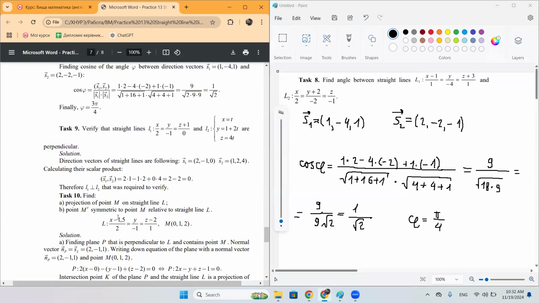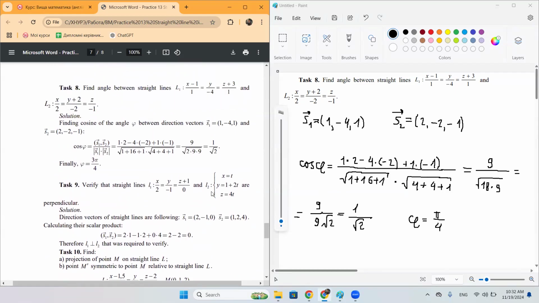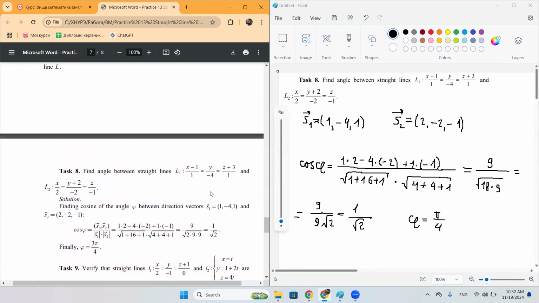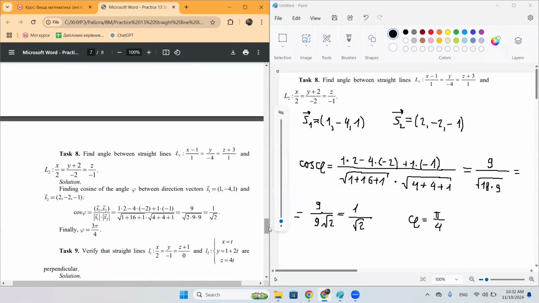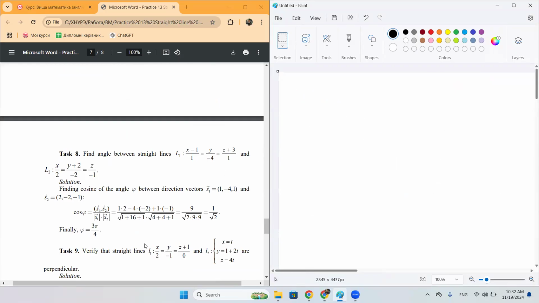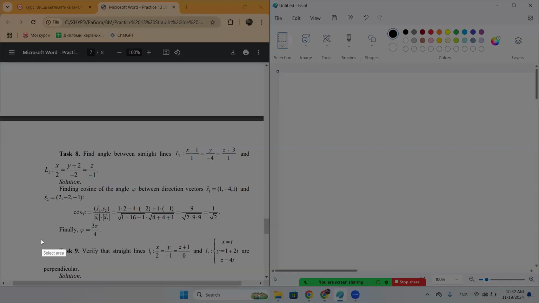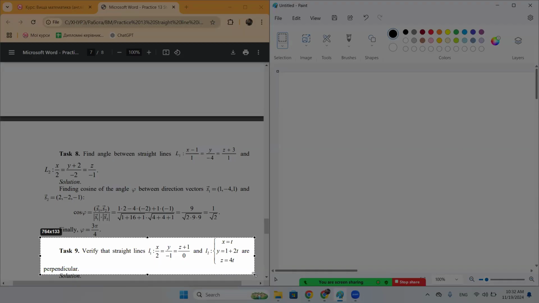Well, any questions about this task? No questions. Okay, and now let's verify that two straight lines are perpendicular.